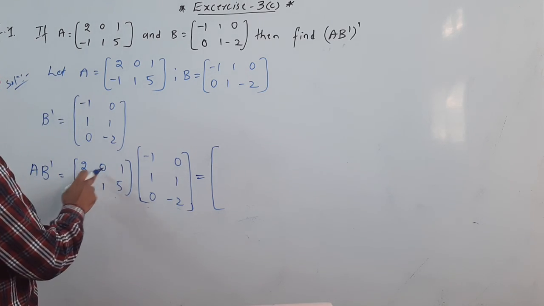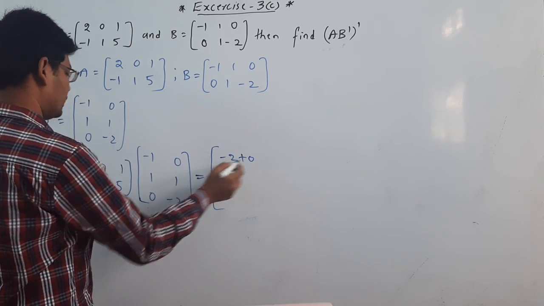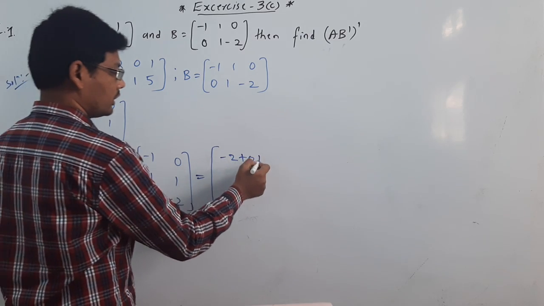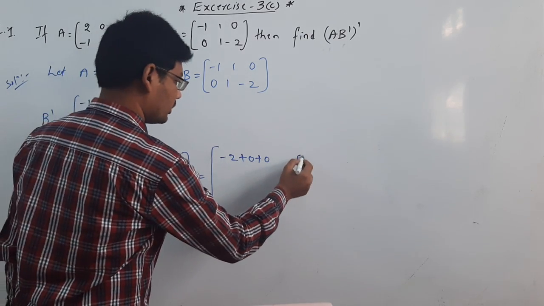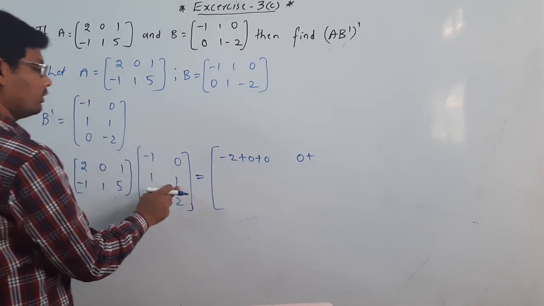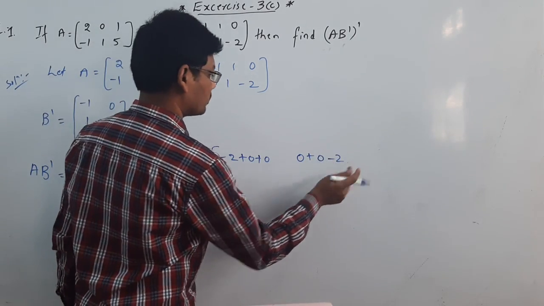Next 2 into minus 1 minus 2, 0 into 1 that is 0, directly I am writing 1 into 0 0, 1 into 0 0, 2 into 0 that is 0 plus 0 into 1 that is 0 again, and 1 into minus 2 minus 2.